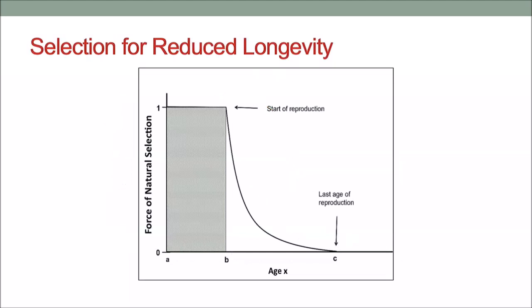So years later, in the 90s, Adam Chippindale had the idea that if we could use this principle to select for increased longevity, we can go in the opposite direction, and that should produce reduced longevity, getting both ends of the spectrum. To do that, you're just moving your collection day earlier.